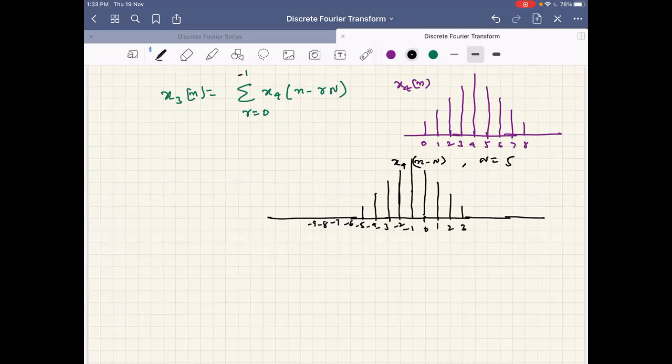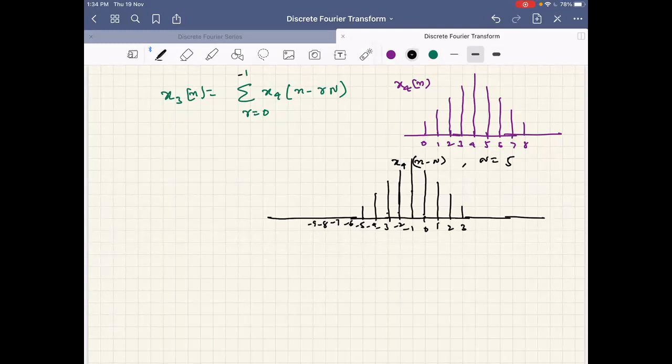Am I correct? It shifts by 5, and hence 1, 2, 3, 4, 5, then 1, 2, 3, 4, 5. N equal to minus 5. So the sequence length is 1, 2, 3, 4, 5, 6, 7, 8, 9.